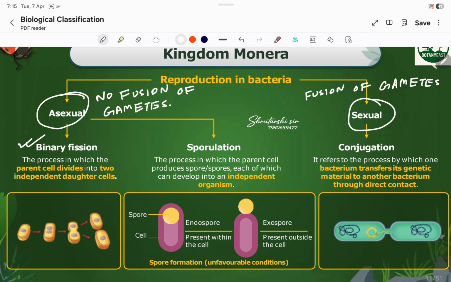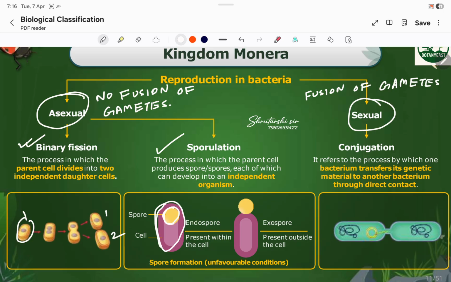Asexual reproduction can be of two types. One is binary fission, where from a single parent bacterial cell, by fission two bacteria are produced. Another is sporulation. Suppose this is a bacterial cell and this yellow colored structure is known as the bacterial spore. When these spores get outside the body of the bacteria, they can form a new bacteria.